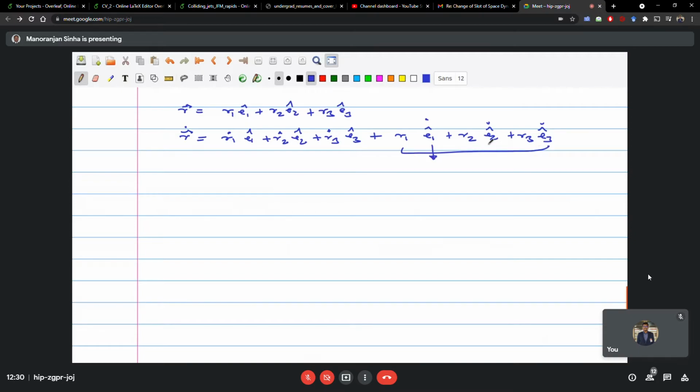Once you estimate this the way we did on the previous page, it will turn out as omega cross R. And this other part, R1 dot E1, R2 dot E2 cap, R3 dot E3 cap, is the part remaining, which we need to evaluate.